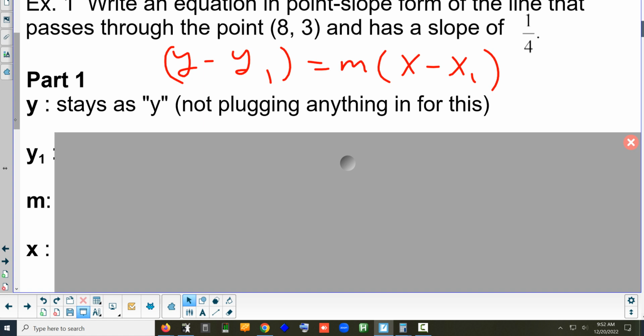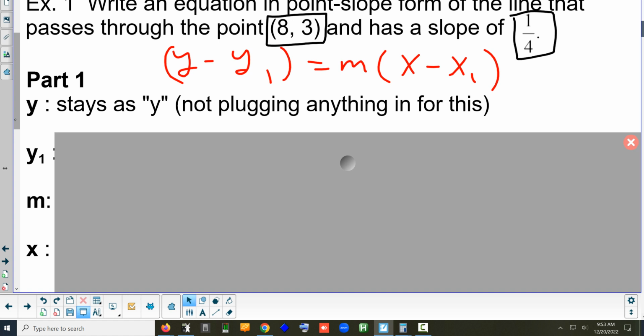Now, the next piece of information is y1. This has to be given to you in the problem. Does anyone have a guess, looking at these two numbers and that number, which one of those three numbers is y1 in this case? Yep. 3. Yep. It's going to be the 3. It's the y value in the coordinate they gave you. They didn't give you a second coordinate. So you don't have a y2 and an x2 in this one.